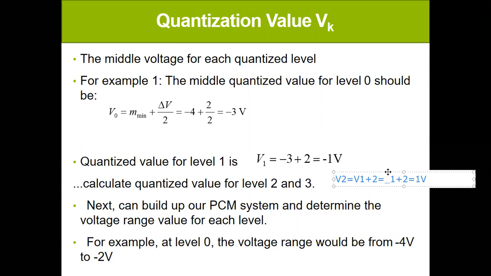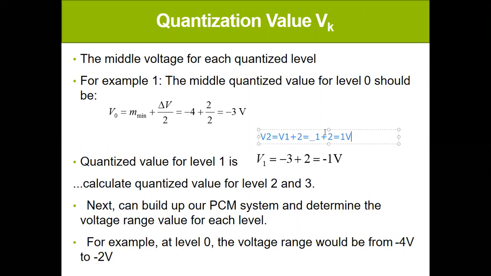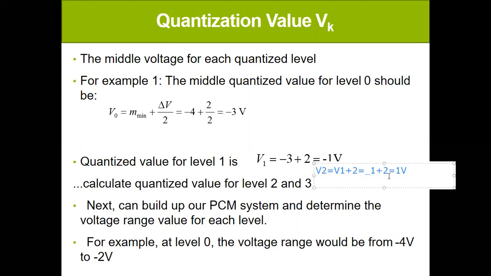So this is V2. Similarly, what is the value of V3? V3 equals V2, which is 1, plus delta V, which is 2. So 1 plus 2 equals 3 volt.